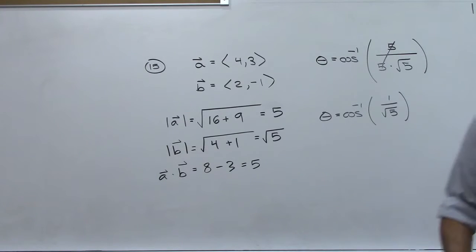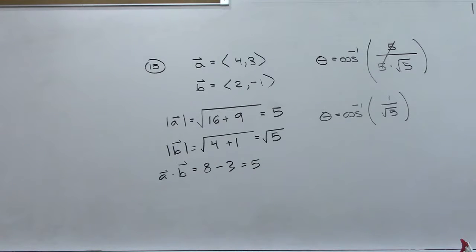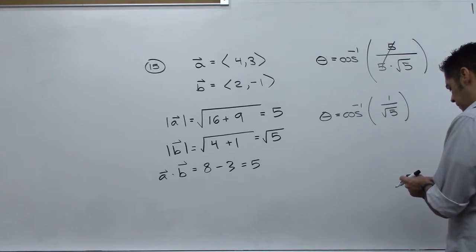So I'll go ahead and do that on my calculator. 1 divided by the square root of 5, and then take the inverse cosine of that.